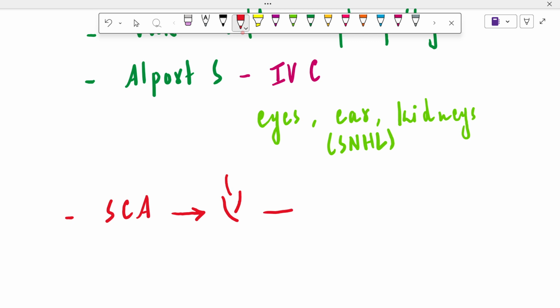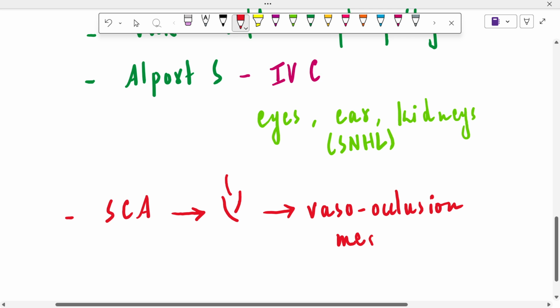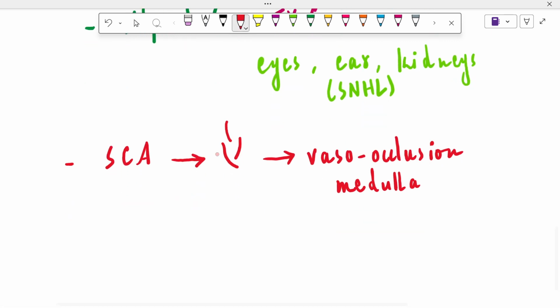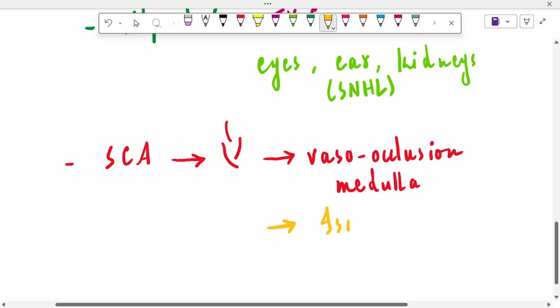So it causes vaso-occlusion in the medulla of the kidney. When the medulla is vaso-occluded, can the kidney concentrate the urine? No. It leads to a condition known as isosthenuria.